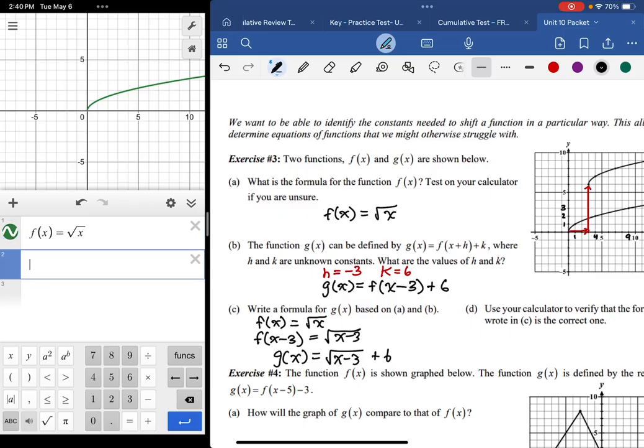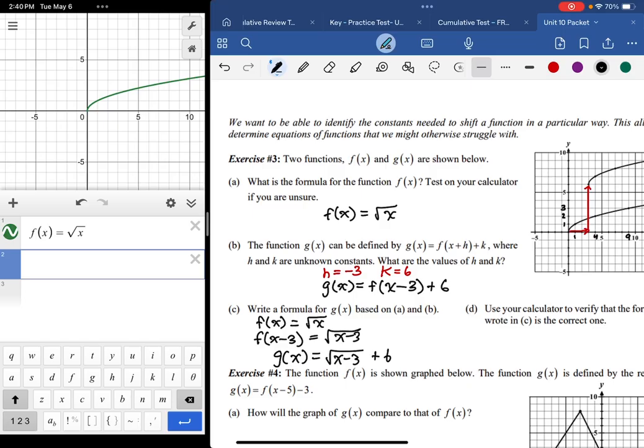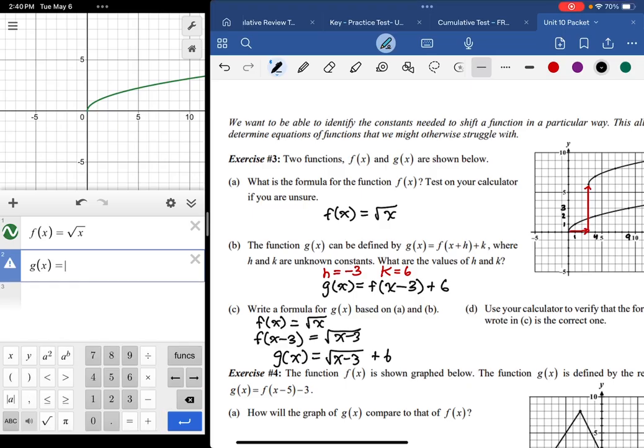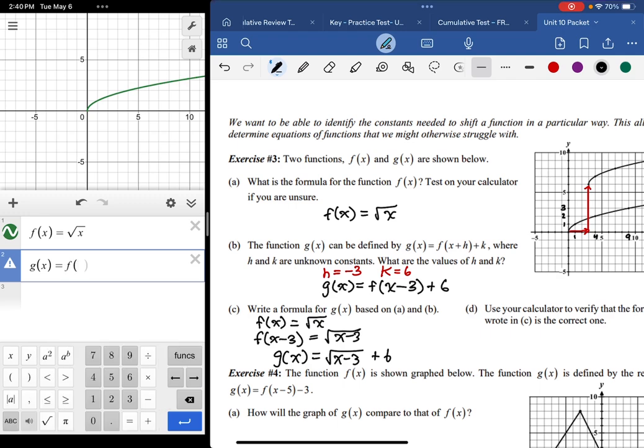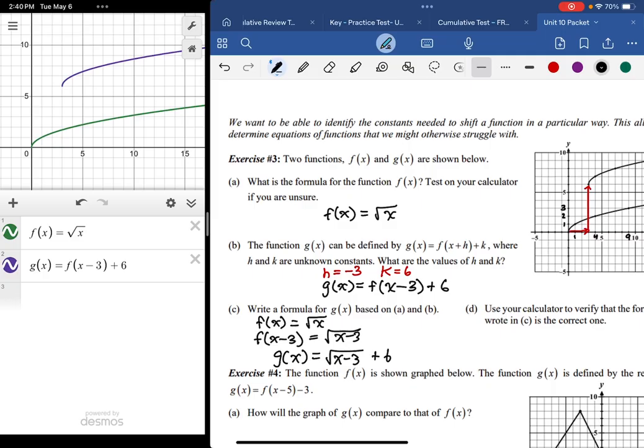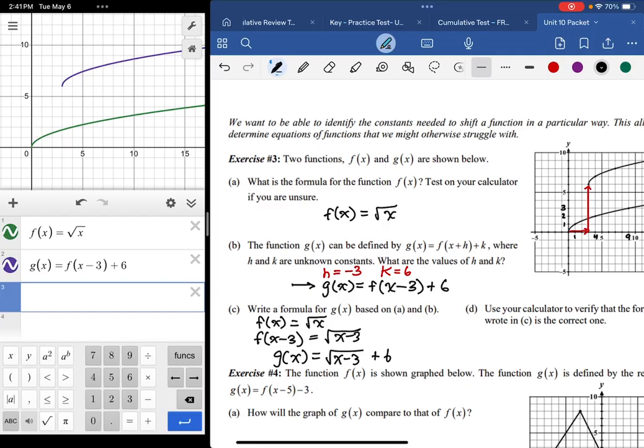And we could take a look at that. All right, one good thing about Desmos is it understands function notation. So I put in this rule here, and Desmos will understand that. Now I can verify that that's actually the same as saying the square root of x minus 3 plus 6, right?